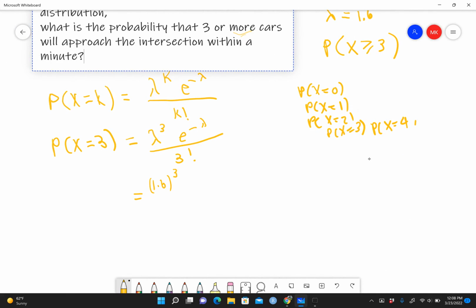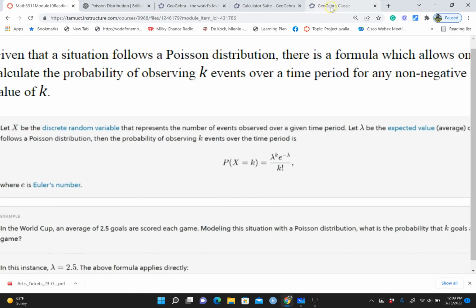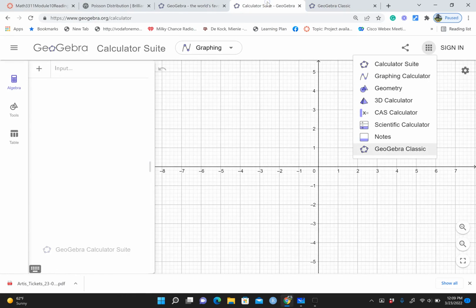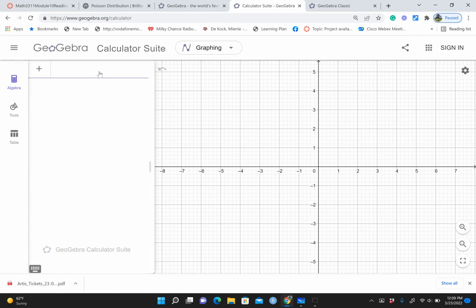It will be 1.6 to the power 3, e to the minus 1.6, over 3 times 2 times 1, right? And so basically you can use a calculator now and find what is 1.6 times 1.6 times 1.6. That's going to be 348.16, and then e to the minus 1.6. Let's see, we could just use algebra here. So we're going to have 1.6 to the power 3 multiplied by e.